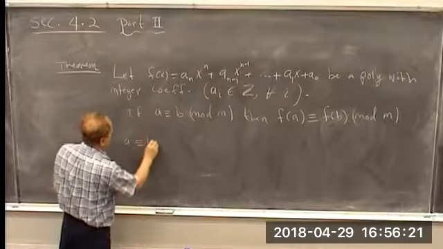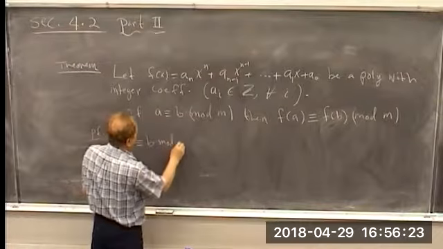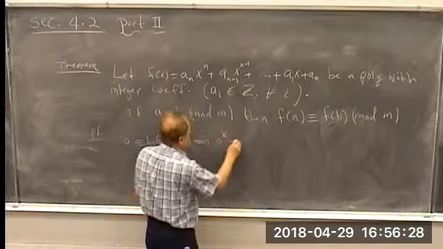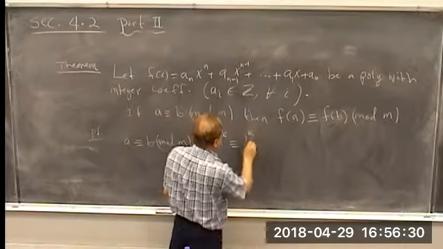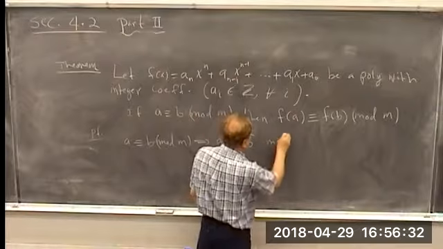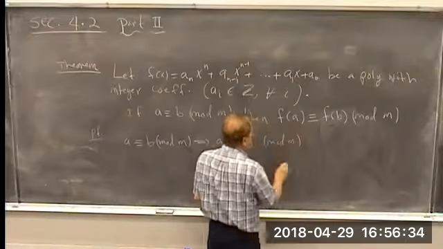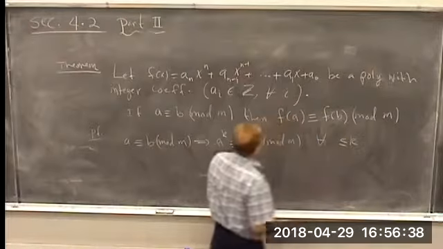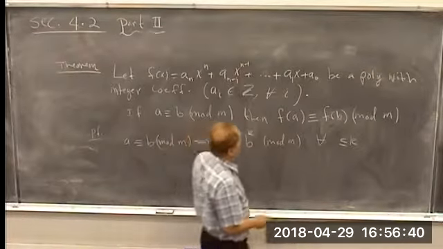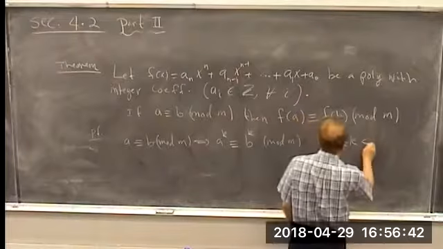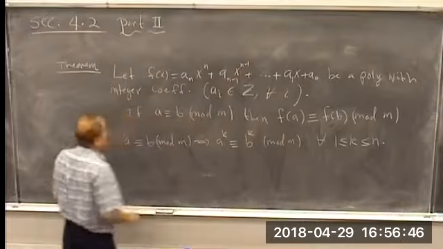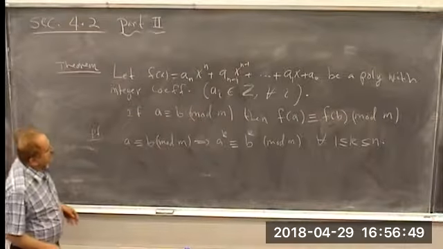A congruent to B mod M implies A to the K is congruent to B to the K mod M for every K, and this time we're going to take K from, let's say, 1 up to N. All right, now we have this.